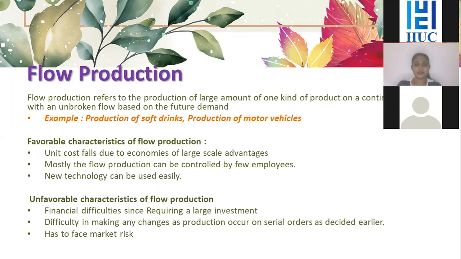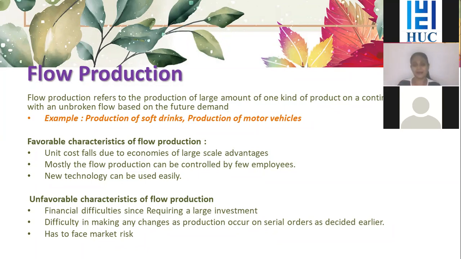Soft drinks, production of motor vehicles. So you have example here, an ice cream, chocolate factories, and you take Elephant House ice cream. Have you ever visited that one? Any factory, any large factory? Another trip back. So if you go there, you can see there are a lot of departments, a lot of workers are working there, and also they are continuously producing, right?